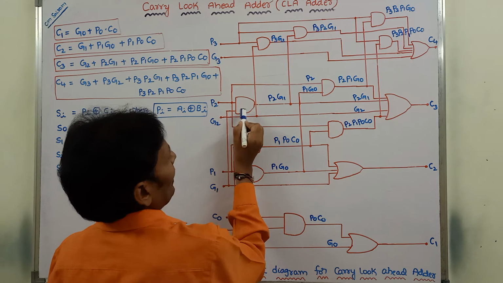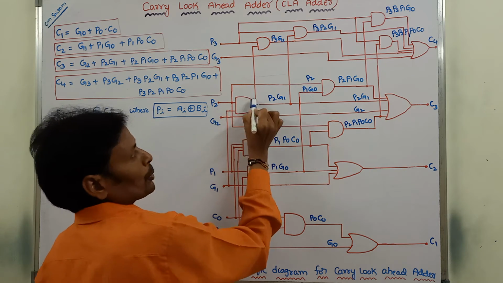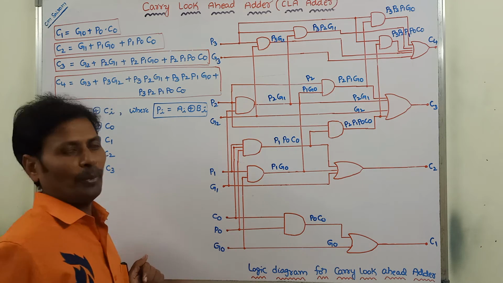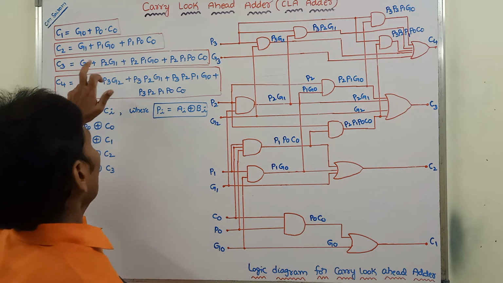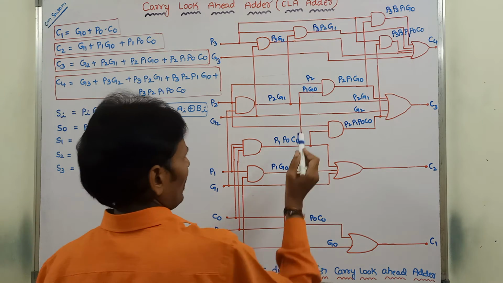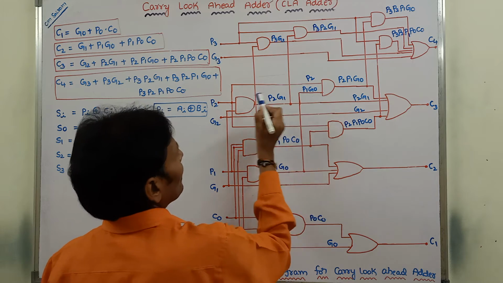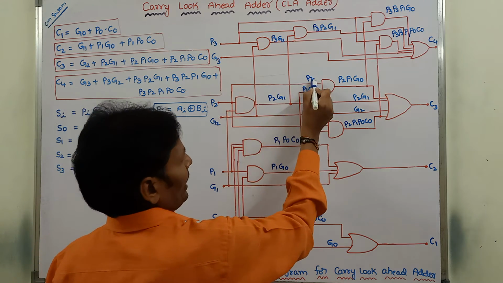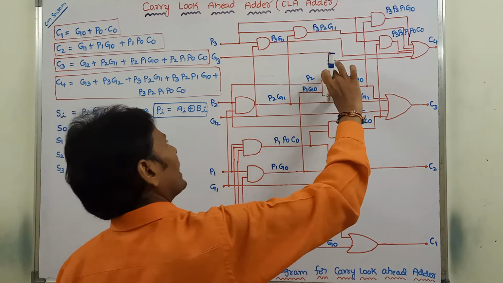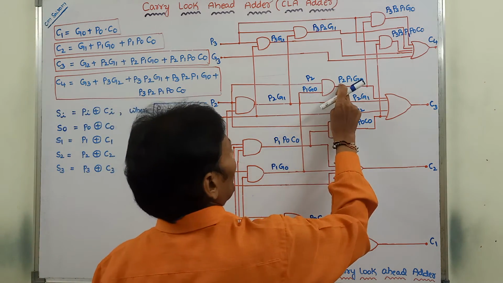P2 and G1 are applied to a two input AND gate, then we get P2 G1. Next, P2 P1 G0: here I am taking the P1 G0 line and the P2 line. These two inputs are sent to a two input AND gate, then we get P2 P1 G0.